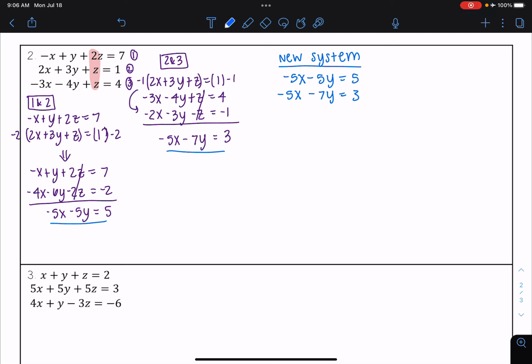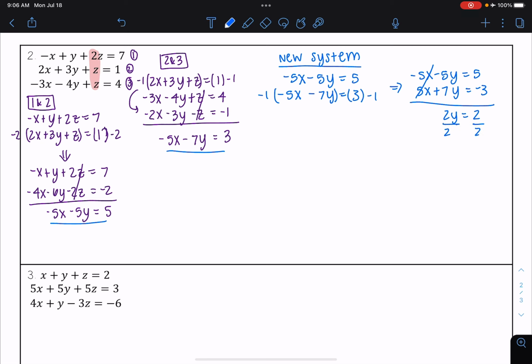They both have the same number in front, but they're both the same sign. So to make them opposite signs, I'm going to go ahead and multiply this bottom equation by negative 1. And so I get negative 5x minus 5y is equal to 5. And then positive 5x plus 7y is equal to negative 3. And so my x's cancel, and I get 2y is equal to 2. Divide both sides by 2, and I get that y is equal to 1.